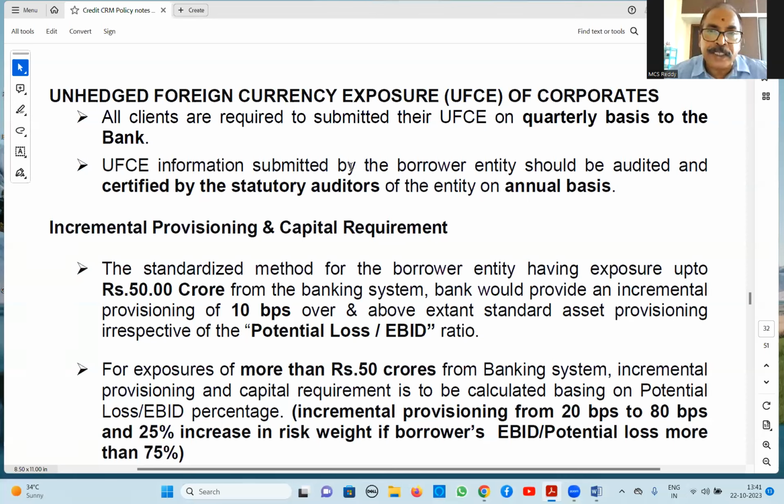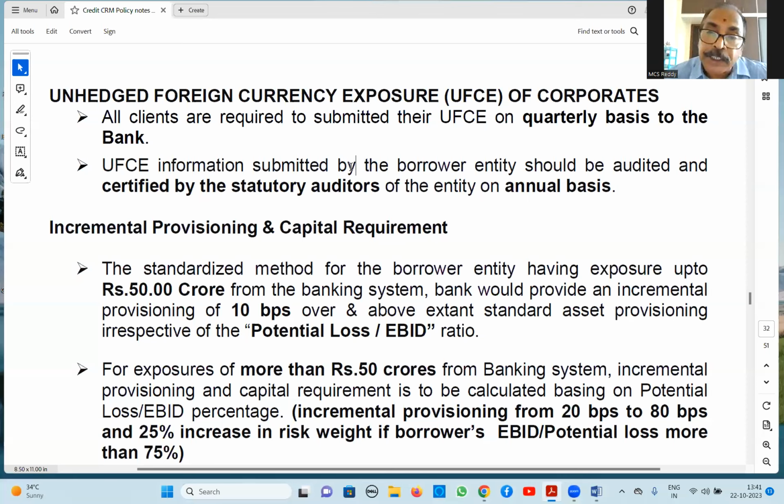Where natural hedging is not there, the party has to hedge this foreign currency exposure. For this, the party has to submit a quarterly statement on what his foreign currency exposure is and up to what extent they have hedged. If they are not submitting that return, we have to charge a 1% penalty.